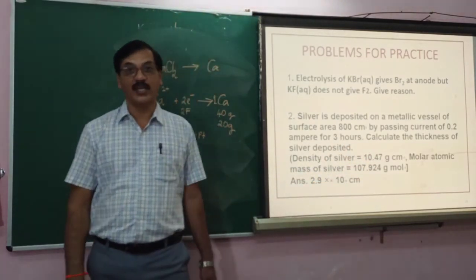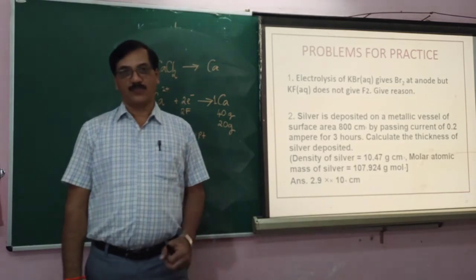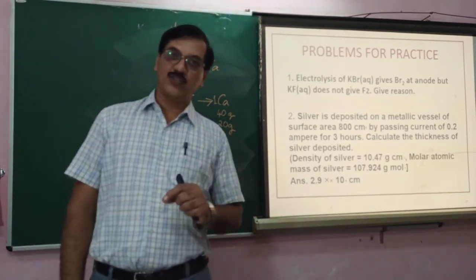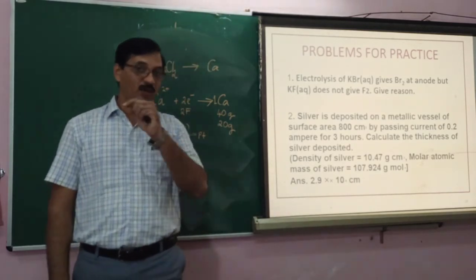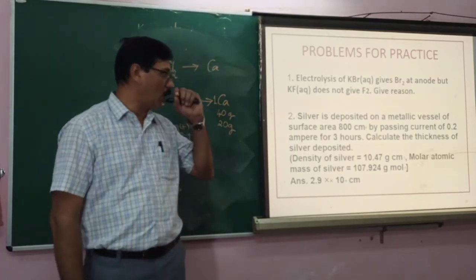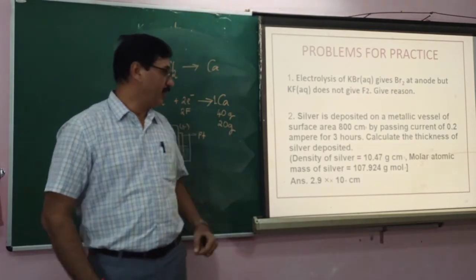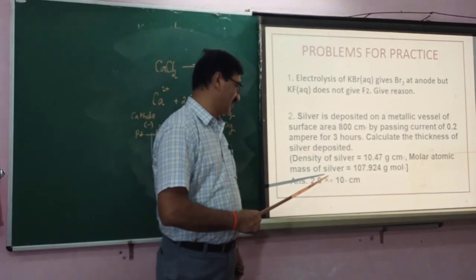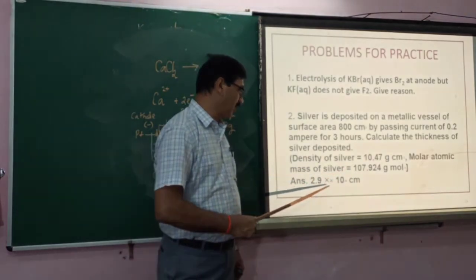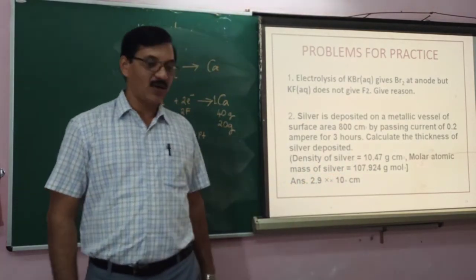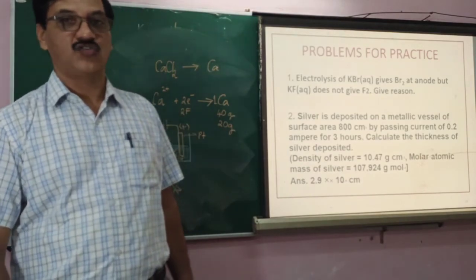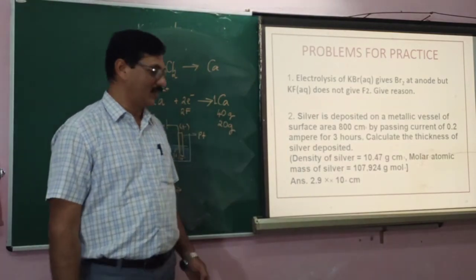By knowing the density, the volume of silver deposited can be found. By knowing the surface area, you can find the thickness. The answer given is 2.9 into 10 to the power minus 4 centimeter. Just to see whether you get this answer or not, try yourself.